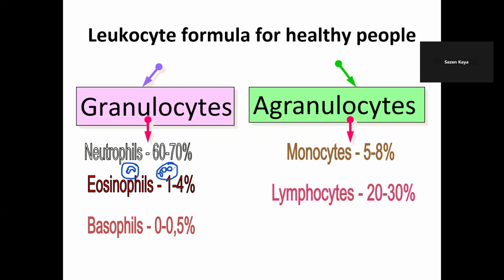Why is it important? Non-segmented neutrophils are young cells, and their norm is less than 5%.